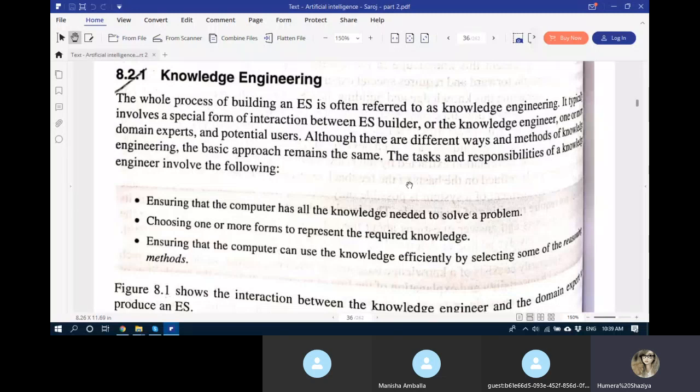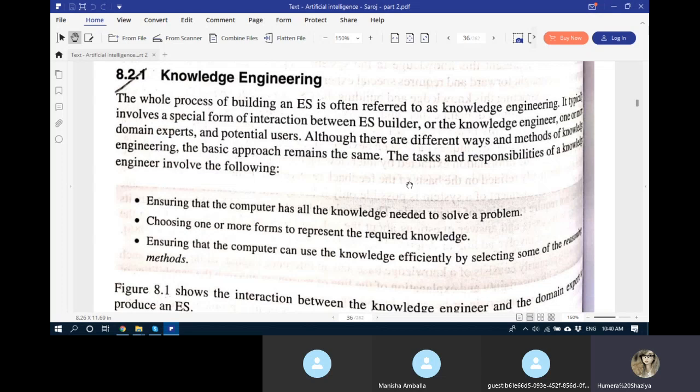So, a specialized person called a knowledge engineer performs the task of knowledge engineering. Knowledge engineering is done by the knowledge engineer. So, what are the tasks of a knowledge engineer?